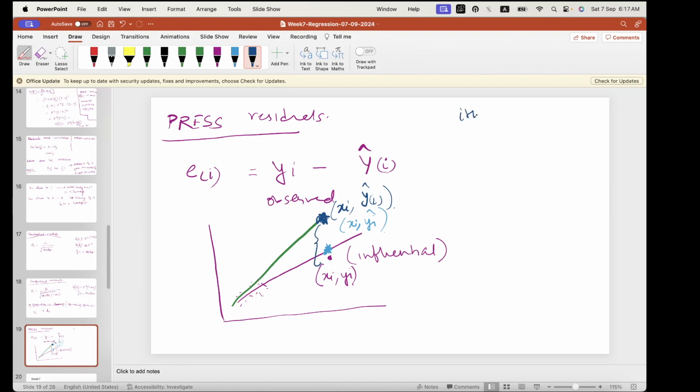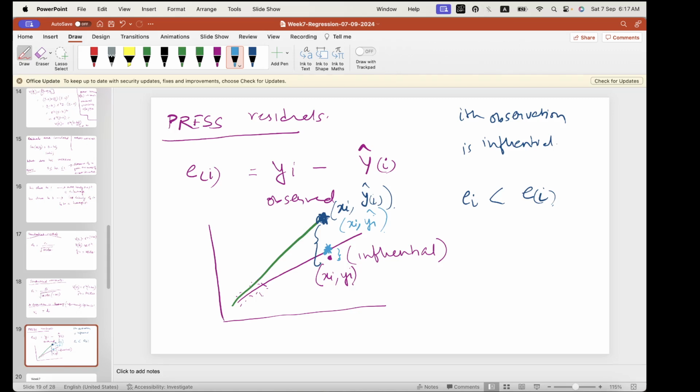So if the ith observation is influential, then what do we have? We have that ei is less than e(i). Because ei is fitted in such a way that the vertical distance between this point and the fitted line remains smaller.